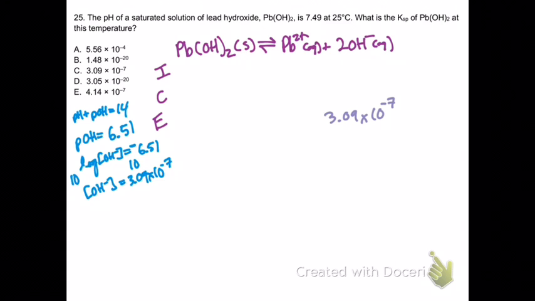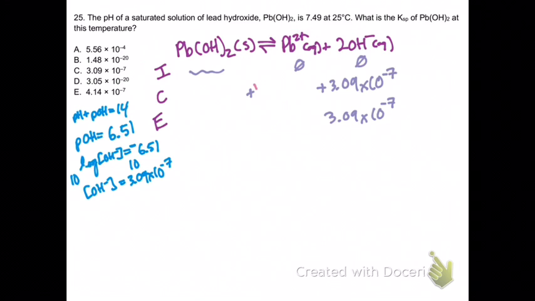Now, considering that we're told there's no common ion effect here, we can assume that we start with 0 of the lead and 0 of the hydroxide. This means that the change was plus 3.09 times 10 to the -7th for the hydroxide. And if you know the change in one thing, you can find the change in everything else. So the change in the lead, considering that for every 2 of these, we only get 1 of these, must be half as much.